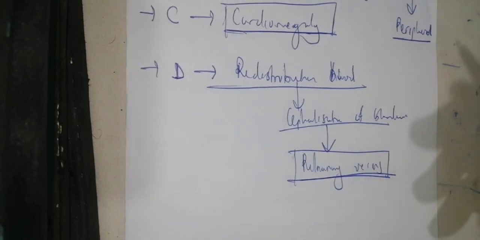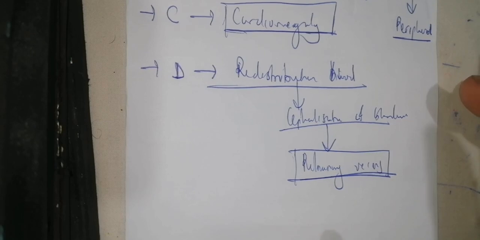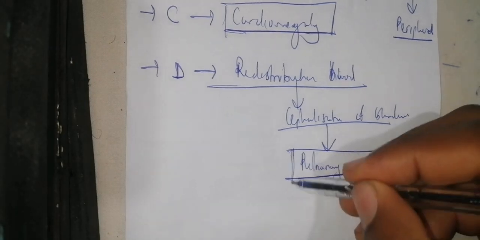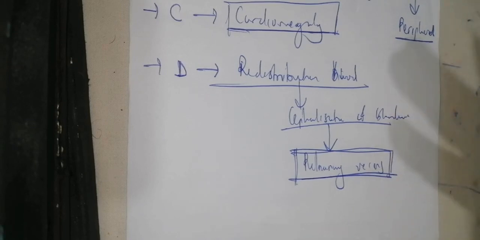And the veins are going to be located more at the apical aspect than the arteries, which are located more at the base. So that's why you're going to see more of the apical aspect than the base. That's why it's called cephalization of the blood vessels.